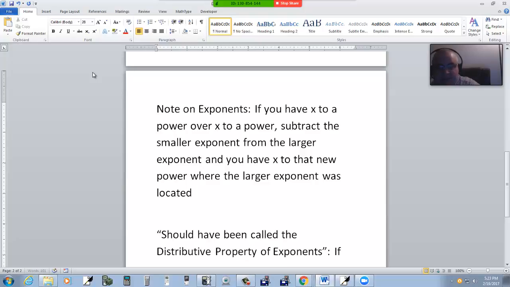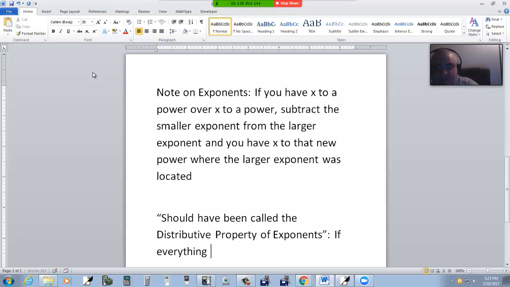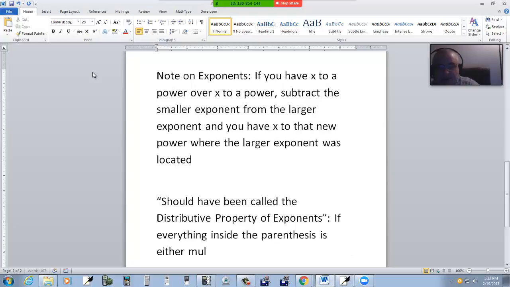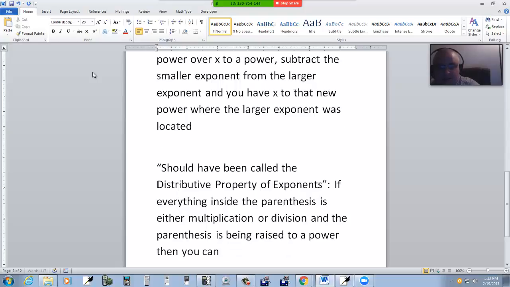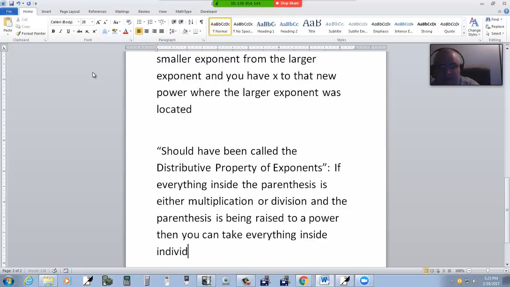And it says if everything inside the parentheses is either multiplication or division, and the parentheses is being raised to a power, then you can take everything inside individually to that power.